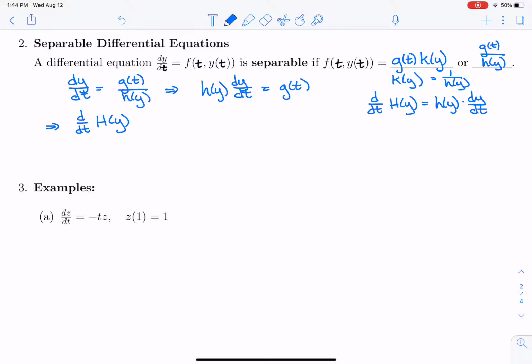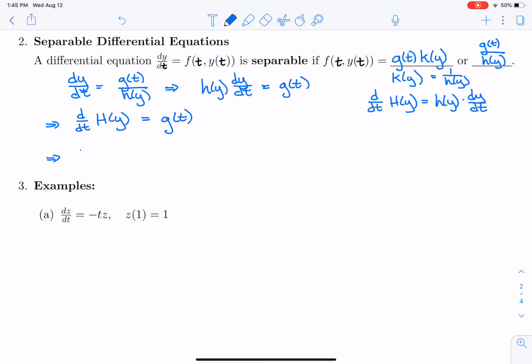So what's on the left-hand side is really like a chain rule. And so we have the time derivative of that is equal to g of t. And so now I can integrate both sides with respect to t. So now I can write this as the integral of d/dt of H of y dt is equal to the integral of g of t dt.